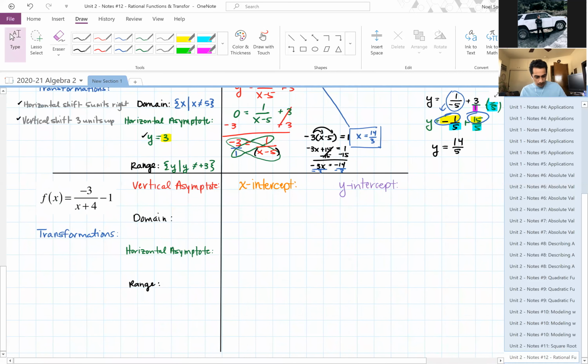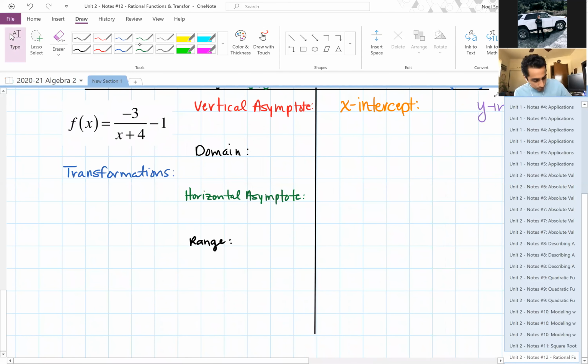Last one here. Let's begin with transformations. Try to keep them in the correct order. What would be the first one?